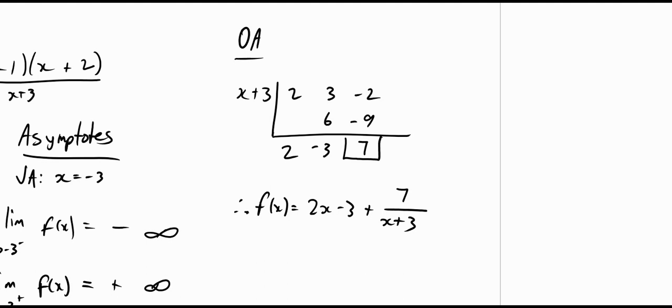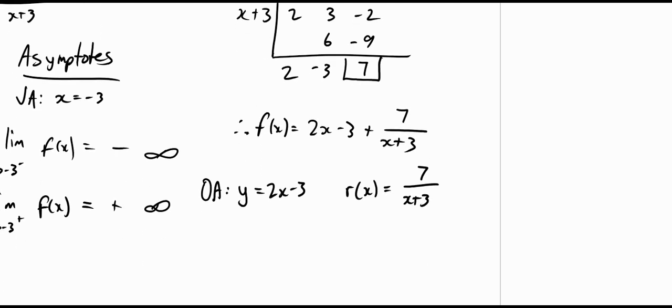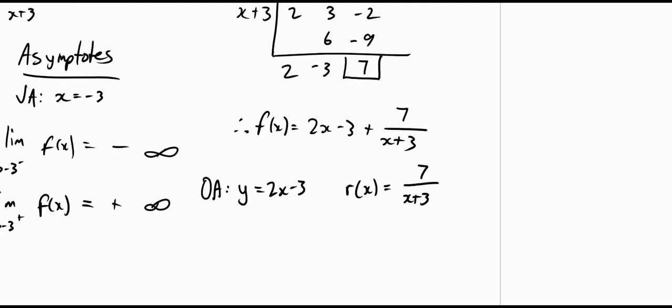We talked about why f(x) equals this, but you don't have to show that every time, in case anybody was wondering. But you do want to make this statement, and then this is what I like to do. So then the oblique asymptote is y equals 2x minus 3. You've got to know which part is the asymptote and which part is the remainder, which I like to call r(x). Okay, so that's what I have done so far.